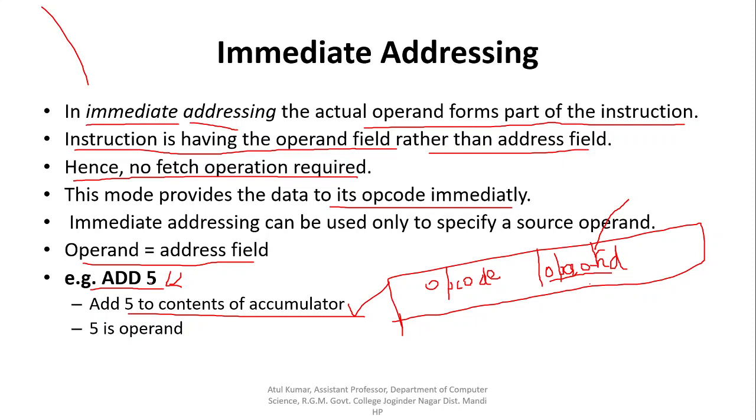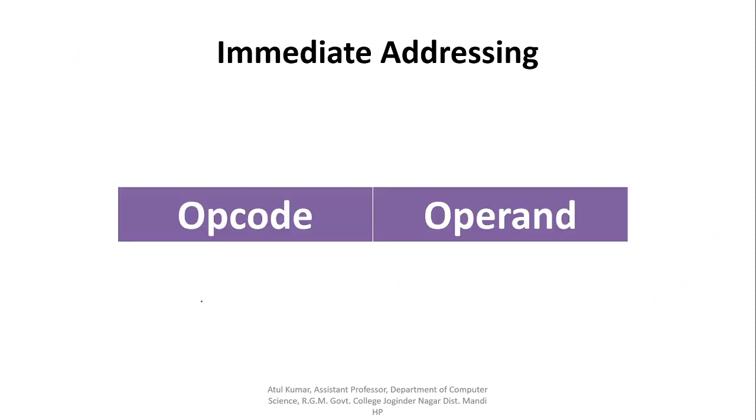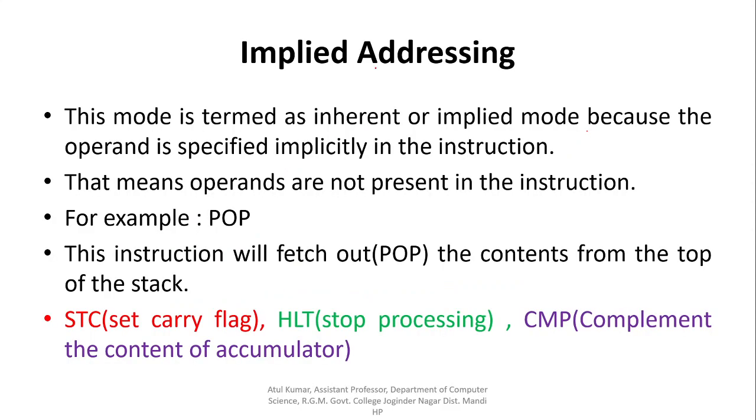So here 5 is the operand, and it is added to the content of the accumulator. This is an instruction for immediate addressing: the first part is an opcode, and the second part is an operand.